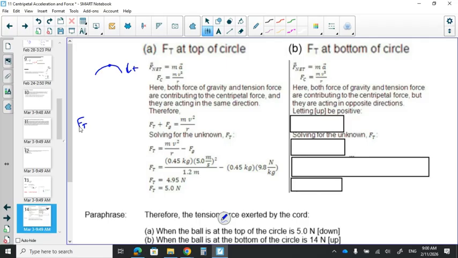If we are, then we'd have plus the mass, which was 0.45 kilograms, and we'd have the 9.8 because of the down, and then equals the centripetal acceleration, so the 0.45 times v squared, which we know is 5, so 5 squared, over the radius of 1.2. I'm just using the numbers from the work that's there.